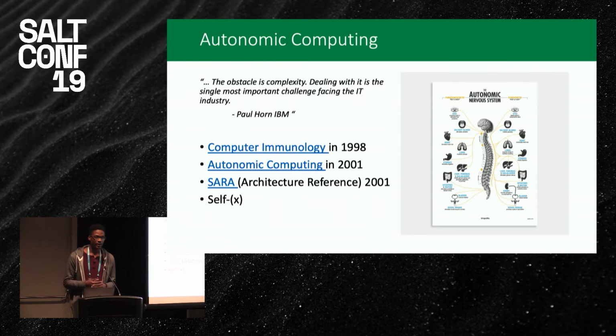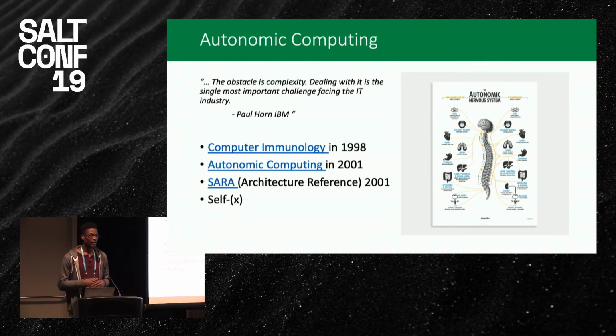So autonomic computing, if you don't know, is this idea of designing computer systems to work similarly to how the nervous system of organisms works. In 1998, there was a paper published in USENIX about computer immunology, which is about self-healing and being able to self-diagnose.